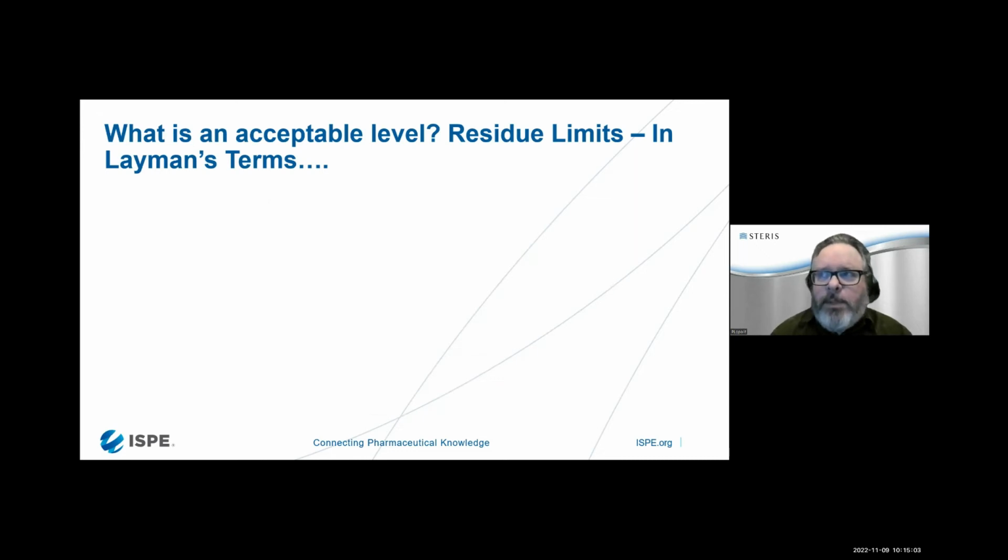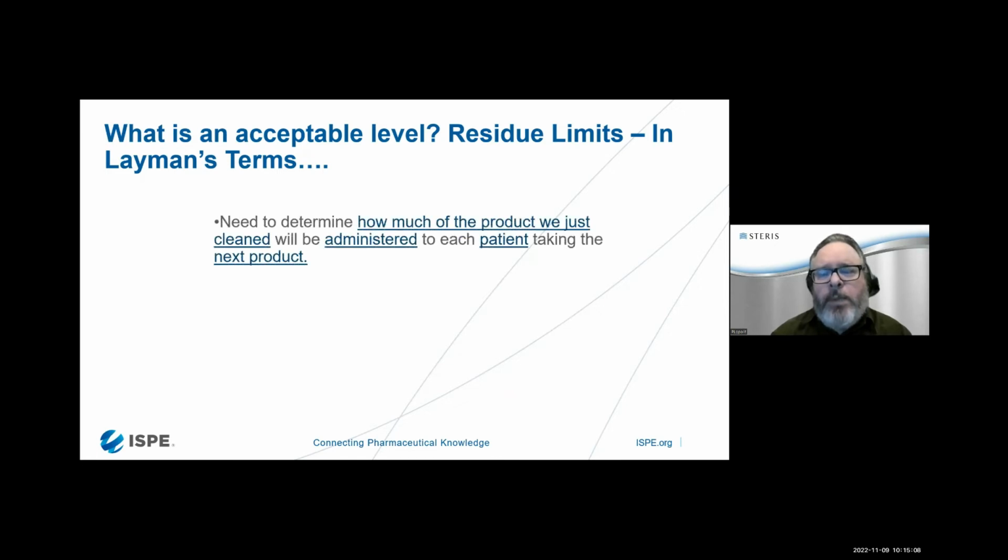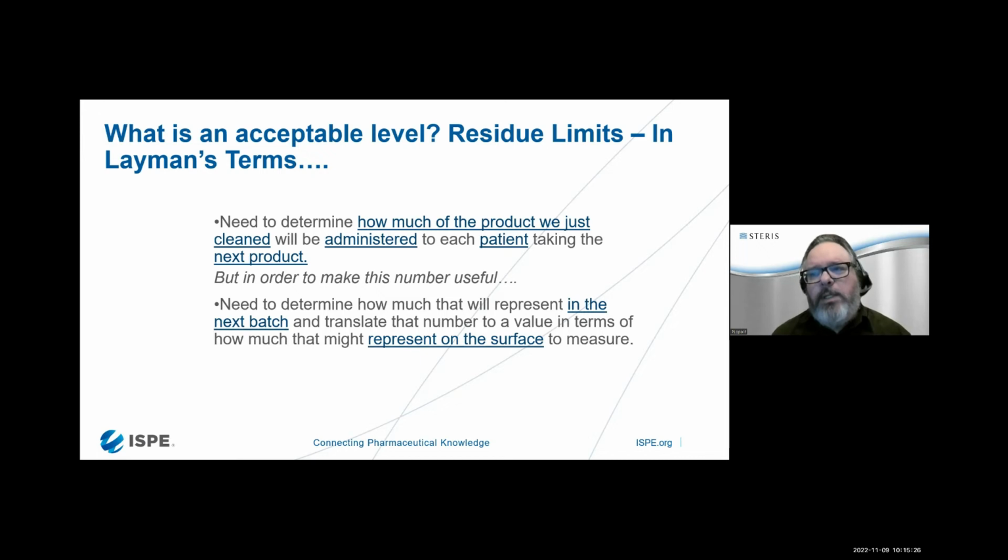So what is an acceptable level of residue limits? What we need to do is to determine how much of the product we just cleaned, so generally product A, would be administered in each patient taking the next product, so product B. But in order to make this number useful, we need to determine how much that will represent in the next batch, and then translate that to a value in terms of how much will be present on the surface to measure.